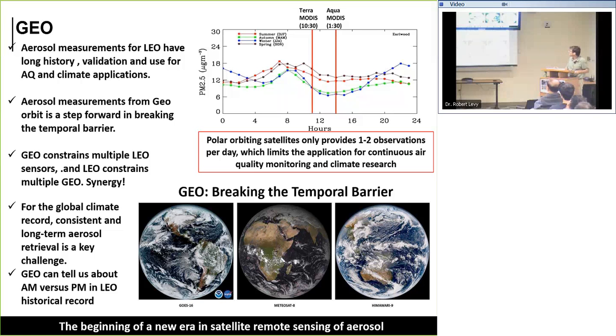It's fun, but we only had these two observations from Terra and Aqua, and now we have the opportunity to see the rest of the day, and also look at both our history for time of day, the 10:30 versus 1:30, and also any of the applications, air quality, et cetera, that do need aerosol and much higher temporal resolution.